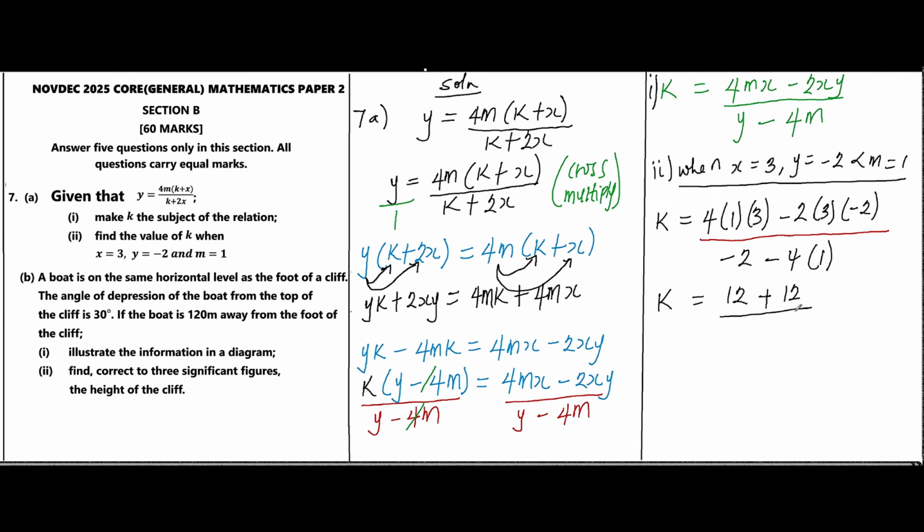So this divided by, we have -2, then -4 times 1, -4. Again, this can further be simplified as 12 plus 12, we have 24, and then -2 -4, we have -6. So finally, we have k being equal to 24 divided by -6, that is -4.